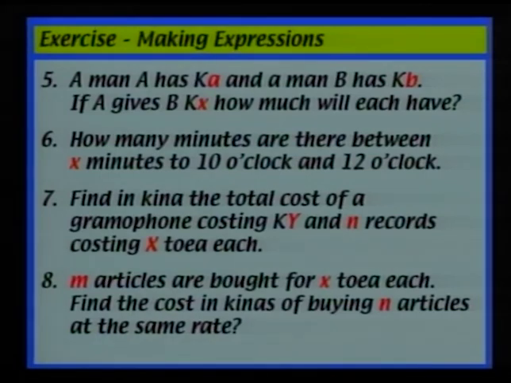A starts off with A kina, he gives X kina to B. How much does he have left? If you had 20 kina and you gave 5 kina to Andrew, how much would you have left? 15 kina. How did you get 15? 20 minus 5. Okay, exactly.